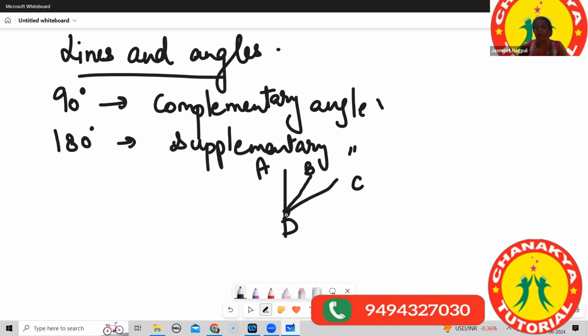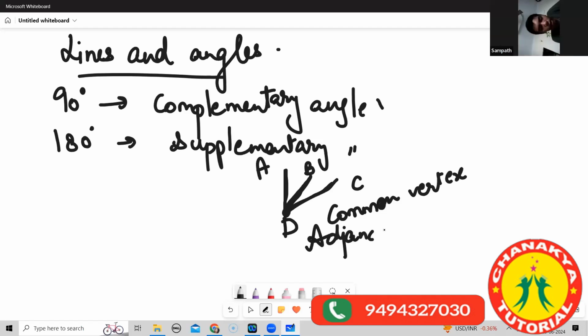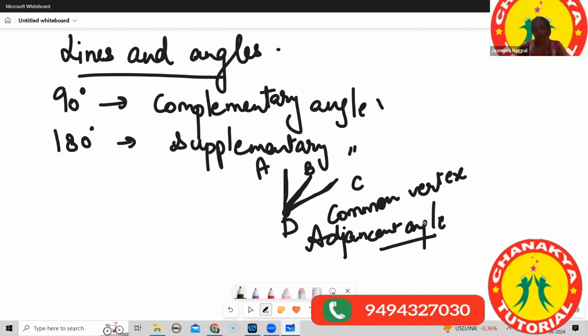This is a common vertex. So in which there is a common vertex and two or more angles, that is known as adjacent. Ma'am, we can also say two angles having a common vertex. Yes, two or more angles that have a common vertex is known as adjacent angle.